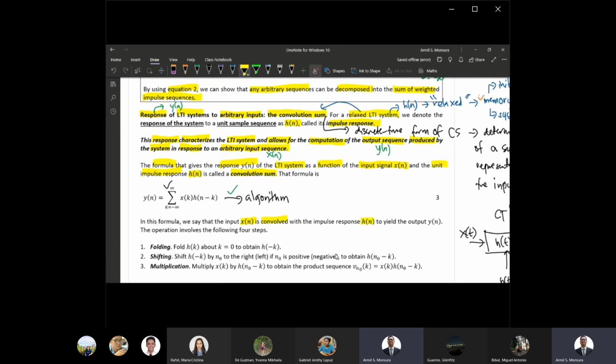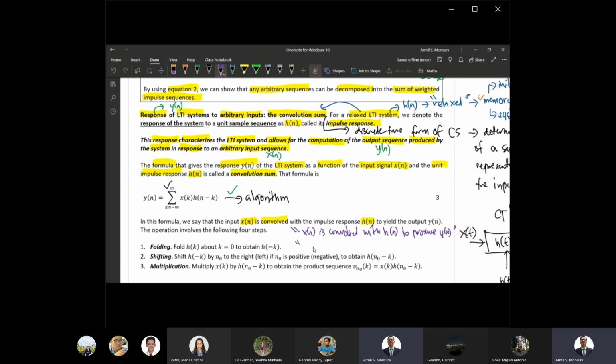Or we also say that yn, ito rin yung term na here we can use this phrase para to describe equation 3. Xn is convolved with hn to produce y of n. Yan, isang phrase na applicable yan dun sa equation 3.